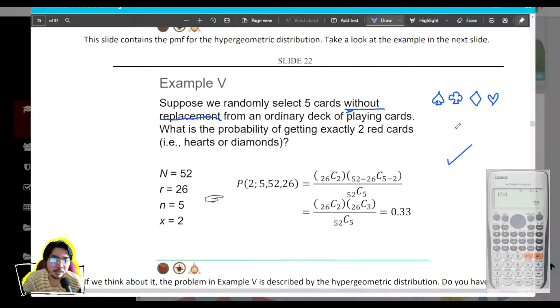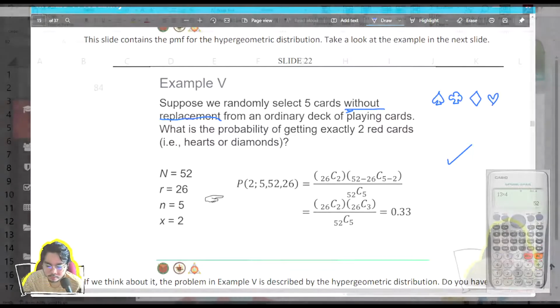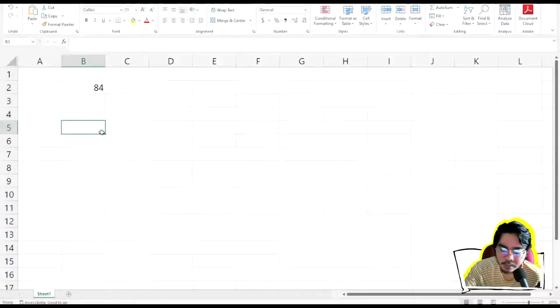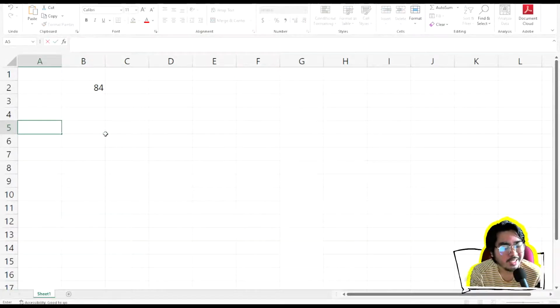Okay? Right. So let's try to solve this using Excel. So if we turn back to Excel, Excel has two, kung if we have hypergeometric, start with binomial.